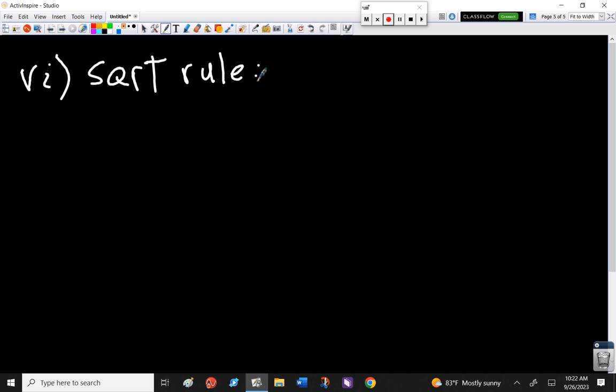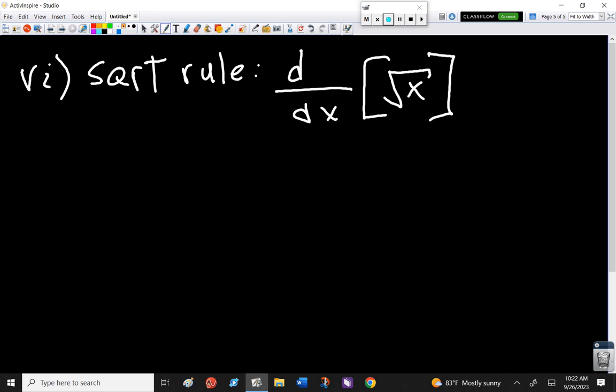Now, this is an unofficial rule, but I see that it helps my students whenever they're taking derivatives. For instance, if you ever take the derivative of the square root of x, and this only works for the square root of x, that's why I like to show it to students, the derivative of this, and we'll figure out why later, is 1 over 2 square root of x.